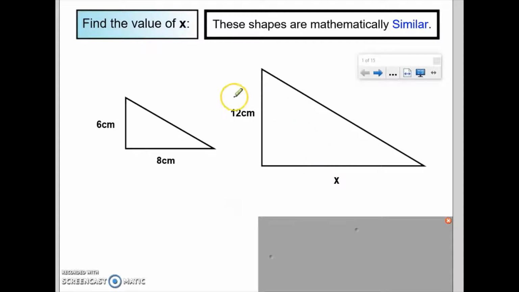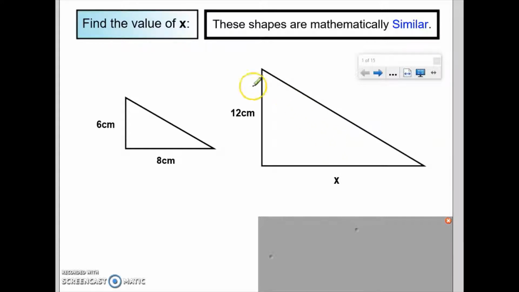Okay, so here's a very typical question, very basic question to get us started. When you're given two similar shapes, I'm told that these shapes are mathematically similar. What that means is that one shape is an enlargement of the other. All of the angles in both shapes will be identical, but the lengths of each side can differ.